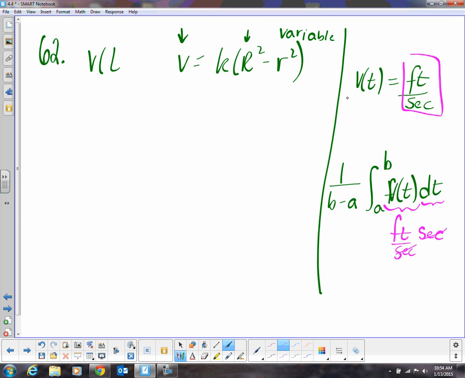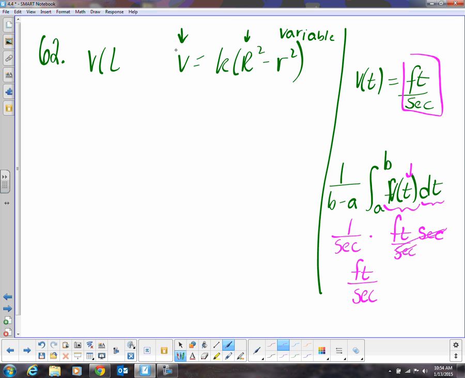All right. This 1 over b minus a, what does the a and the b represent? Aren't those x's? And what does x represent? Time. So 1 over b minus a, oh, by the way, is 1 over seconds in units. So those seconds cancel, and when you multiply this, what do you come back to? Feet per second.